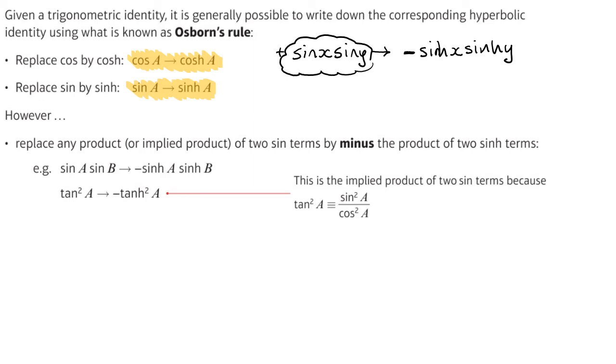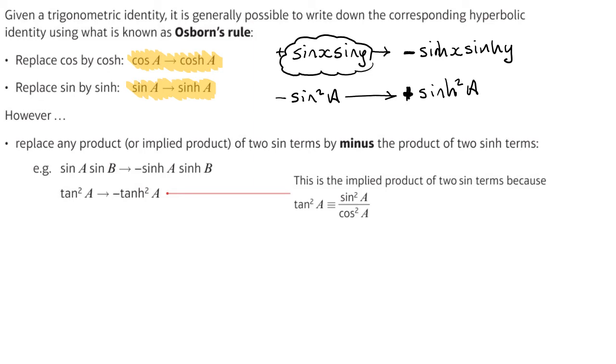Okay, if I had something like negative sin squared a, I would replace that with sinh squared a, but it's a product of sines, so I reverse the sign and this would become positive.